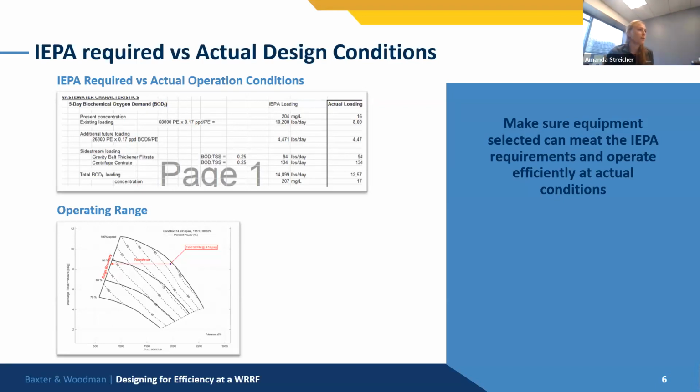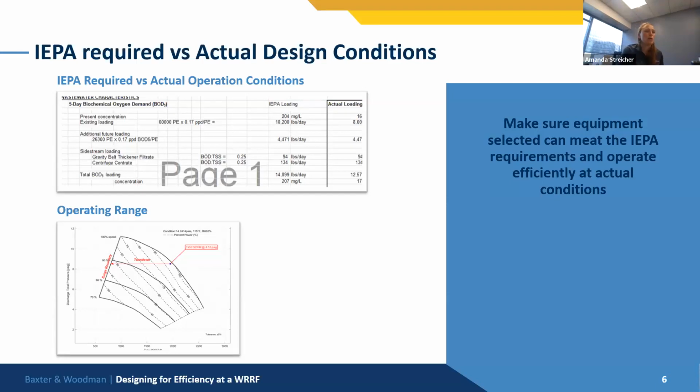You have your IEPA loading, where you're actually loading at, where we have to meet certain BOD and PE removals for our equipment, and selecting what would be the IEPA loading and running most efficiently at our permitted loading may not be representative to where we're actually operating at today.